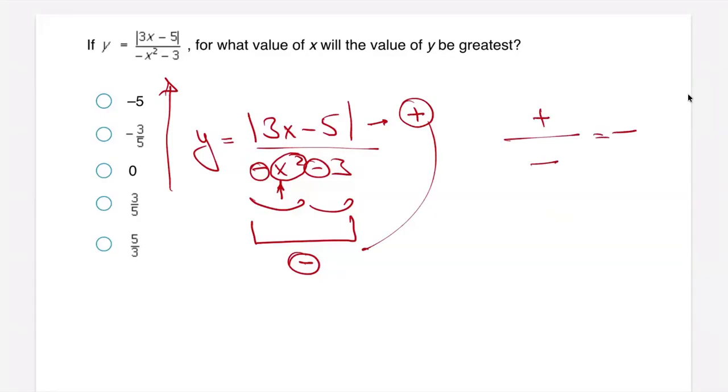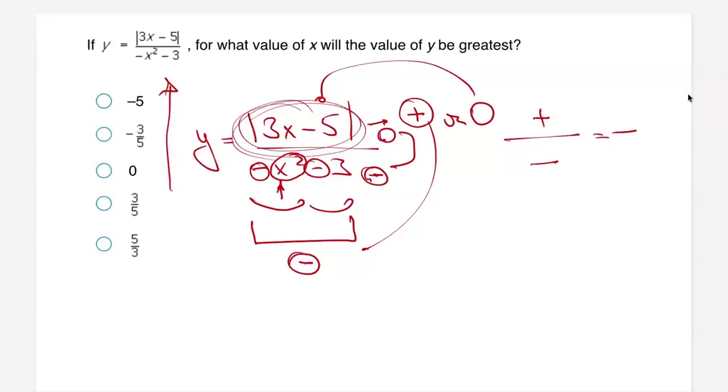So the only resource, as it's allowed to be 0 here, is that this needs to be 0. If it's 0, the denominator being negative, 0 divided by a negative number is 0, and 0 is bigger than negative. So I will make this numerator 0. So 3x minus 5 is equal to 0. X is equal to 5/3. This is the answer.